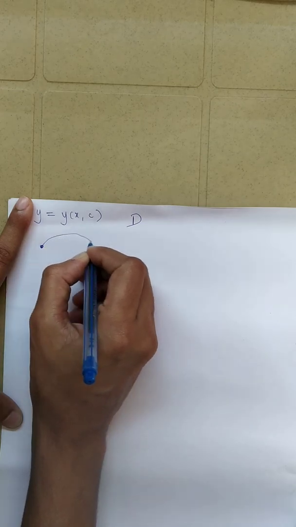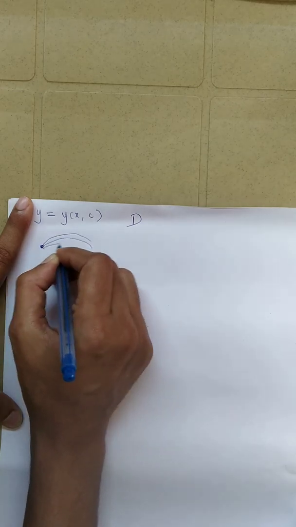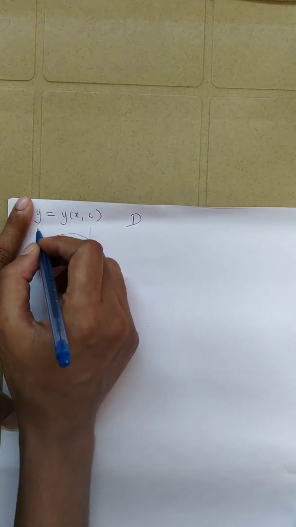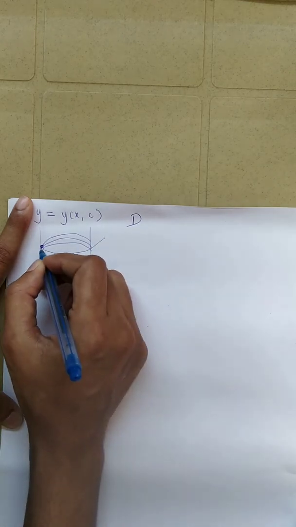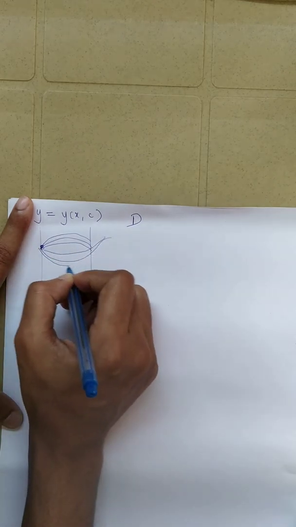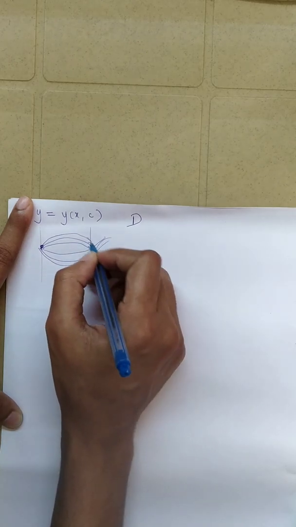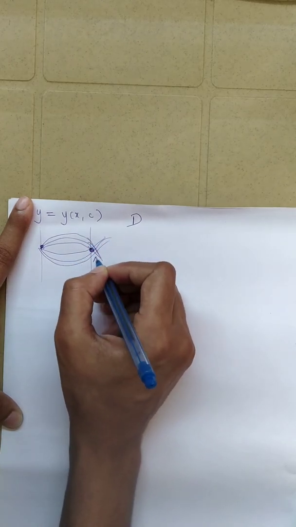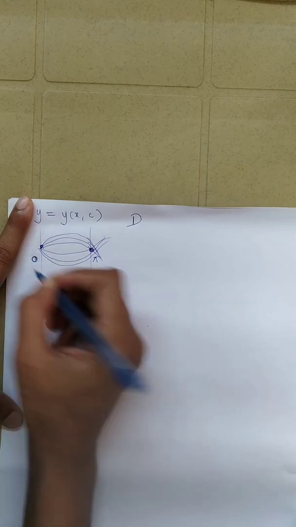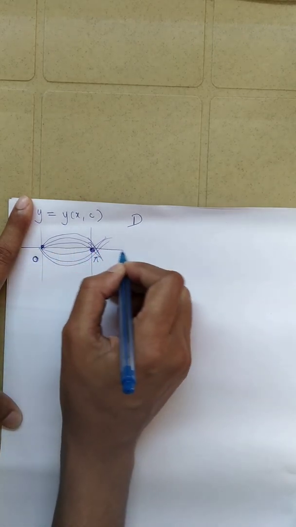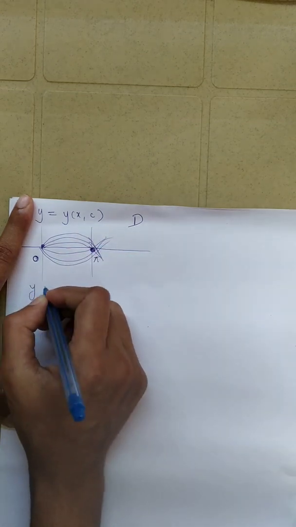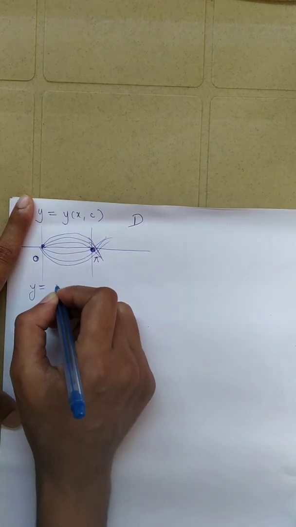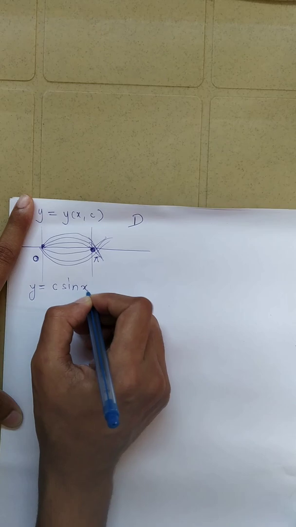We have taken this example of sine of x, with this point being pi and this point being 0, on the real line. These were sine curves, y equal to c sine of x.